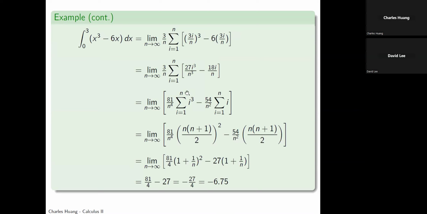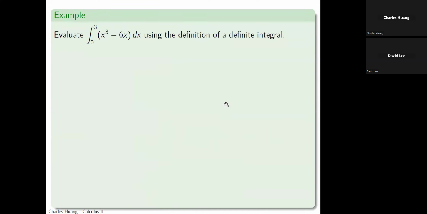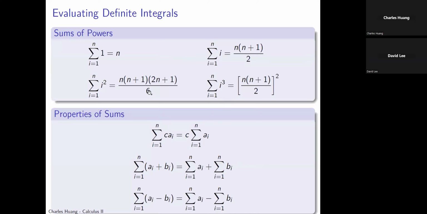And the goal of doing all these ugly things is to eventually get to this, a sum with only i inside. Here we have an i cubed term. Here we have i. Then we go back and look at my formula. If we ever need the sum of the powers, these will be provided to you on the test.